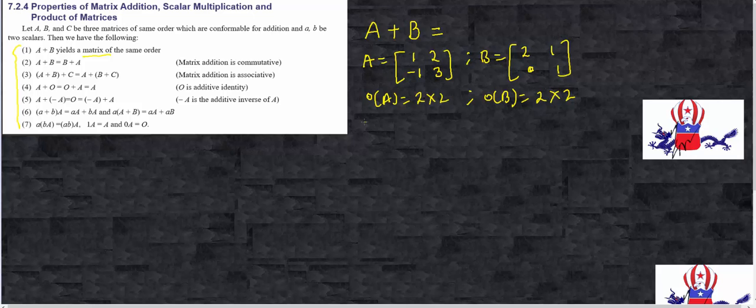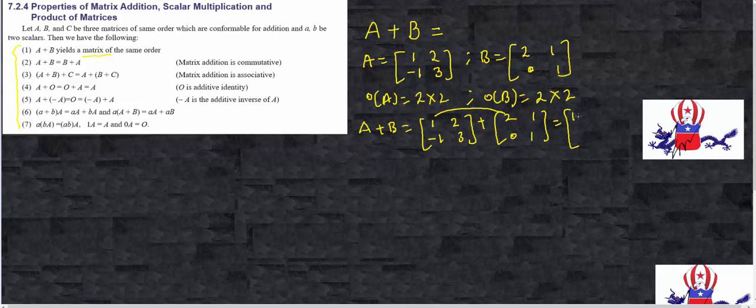Now if you add A with B, you get the following: 1, 2, -1, 3 is added with 2, 1, 0, 1. I add the first element in the first row with the first element in the first row of the other matrix.